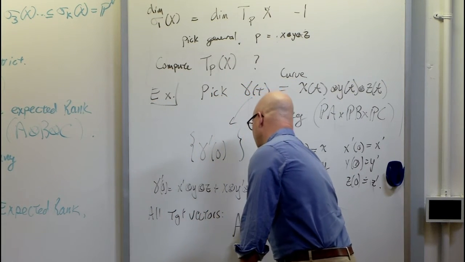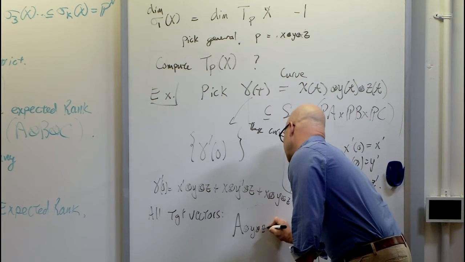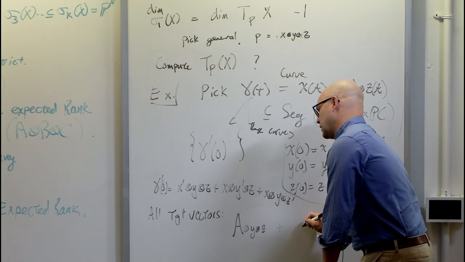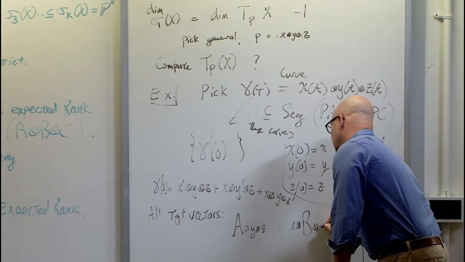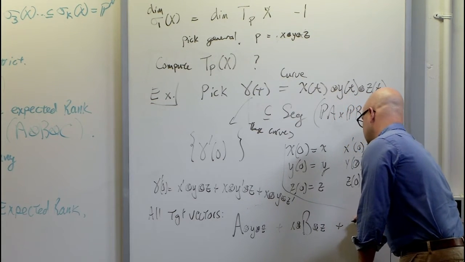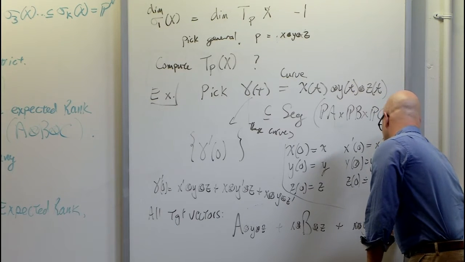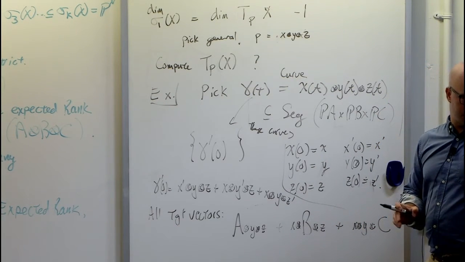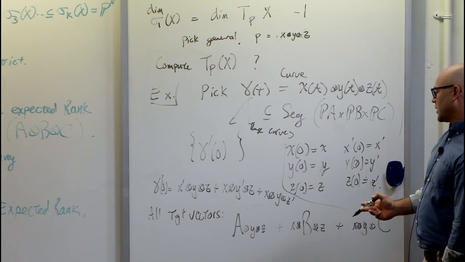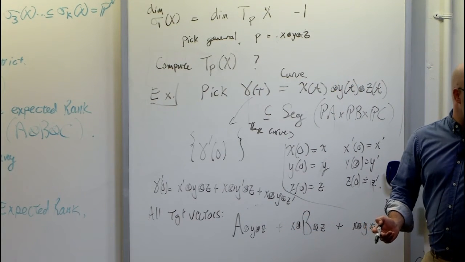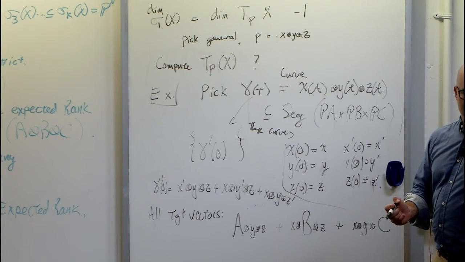Looks like this. Well, I can pick anything in the first direction, tensored with my point y, tensored with my point z, and then anything in the second direction, x tensor b tensor z, plus x tensor y tensor c. And really I should put the linear span of x, y, and z, but the tensor product is linear. So I would be tempted to write direct sum, but these vector spaces are not disjoint.